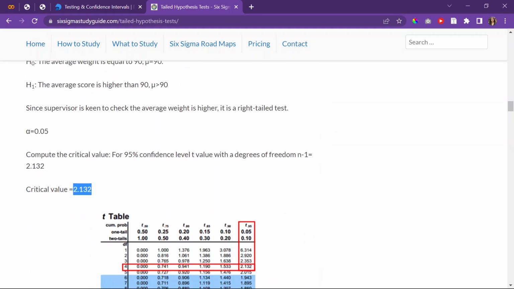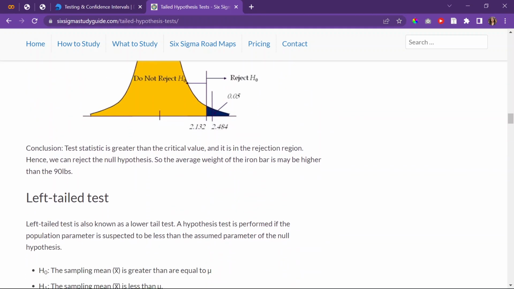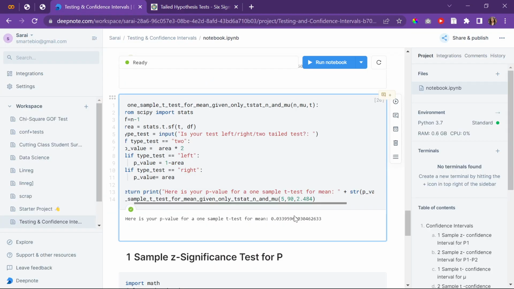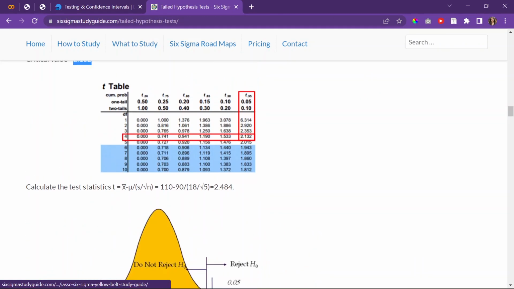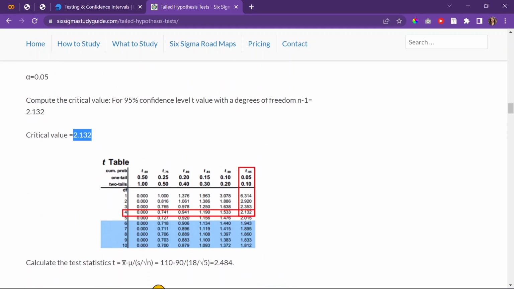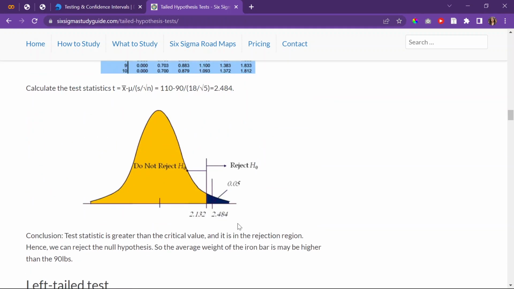That's for the confidence interval. Confidence level.